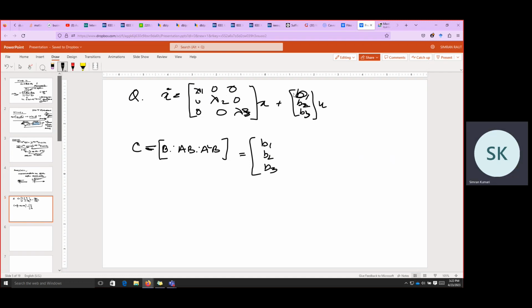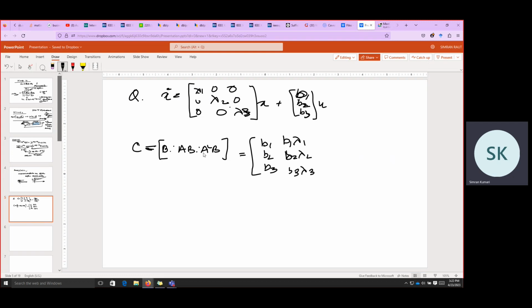And for AB, we will just multiply these two matrices, and we get b1 lambda 1, b2 lambda 2, and b3 lambda 3.